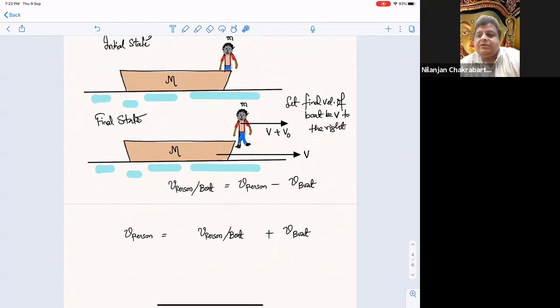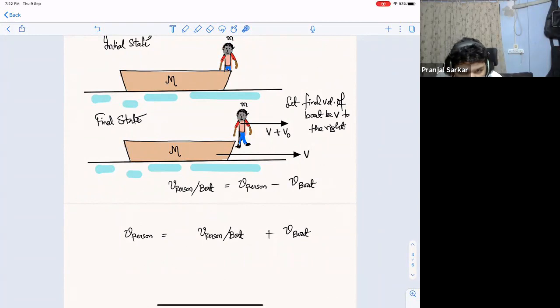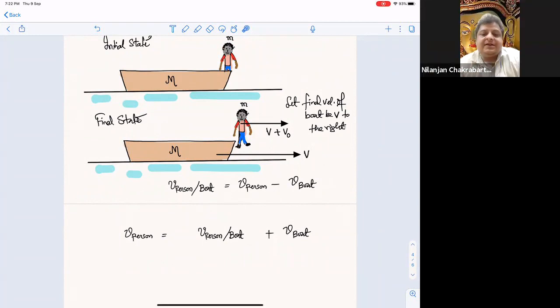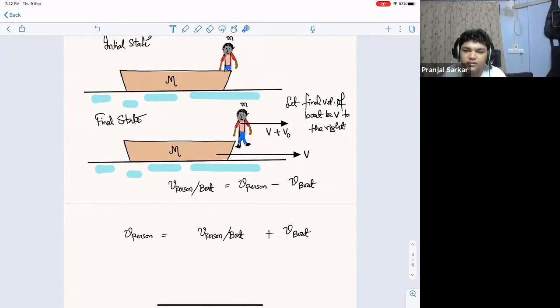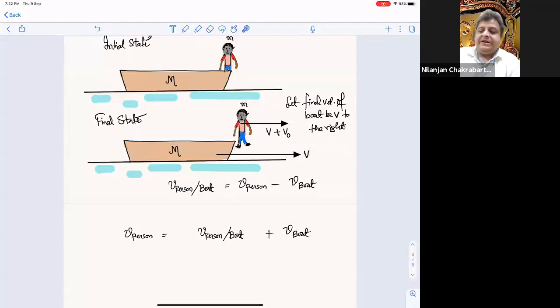I have assumed to the right. I know it will not be to the right, still I've assumed the boat moves to the right. I know I will get a negative answer. I can take the direction as per my convenience. The equations will work for me and give the correct expression.